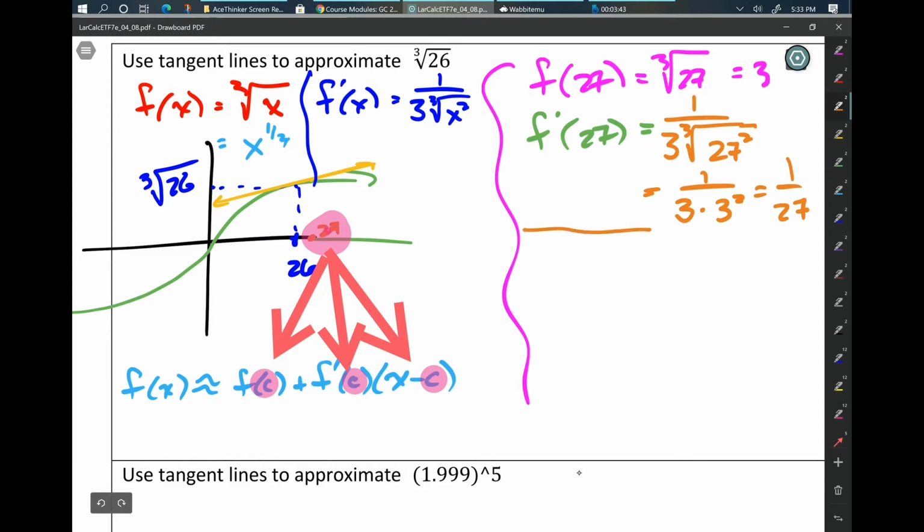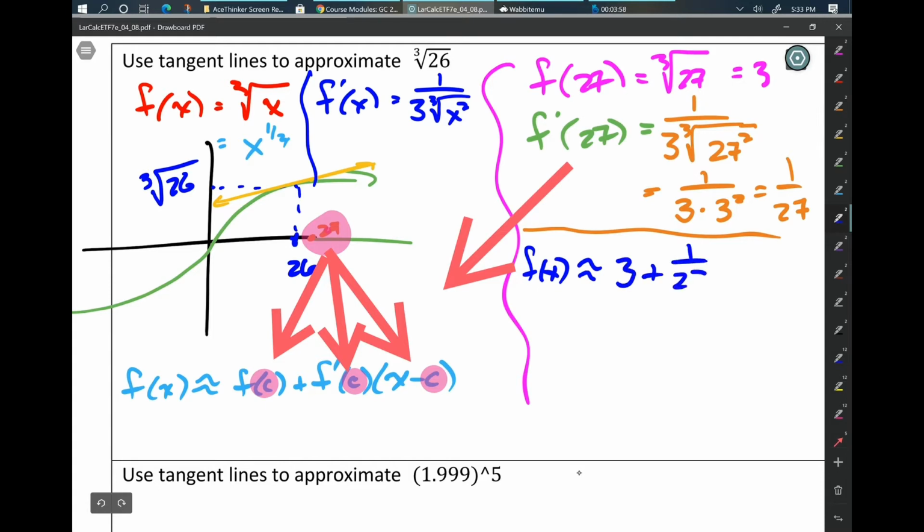Putting all of this where it belongs, I get the statement that f of x can be approximated by f of c, which is 3, plus the value of the derivative at 27, which is 1/27, times x minus 27. Now I'm going to use it to approximate the cube root of 26.